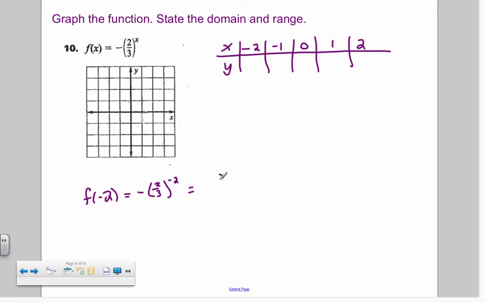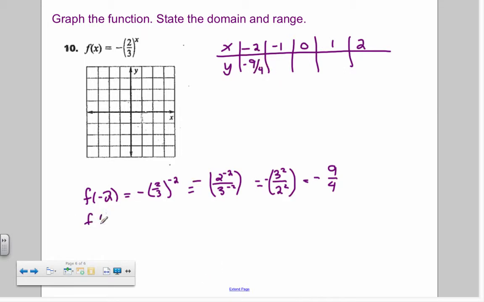So if I think about this being 2 to the -2 power over 3 to the -2 power, and all of that being negative, I want to get rid of these -2 powers. So I'm going to flip their positions. So I have 3 squared over 2 squared, and all of that is still negative. And that gives me -9/4. So -9/4 is my first y coordinate.